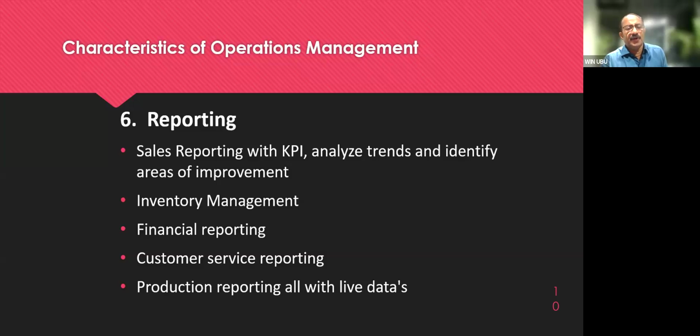Financial reporting is another factor. Finance is fund flow, and based on the fund flow, they look at how much they are investing, how much the stakeholders are investing, how much they are planning for the daily production process, and how much profit they are getting.